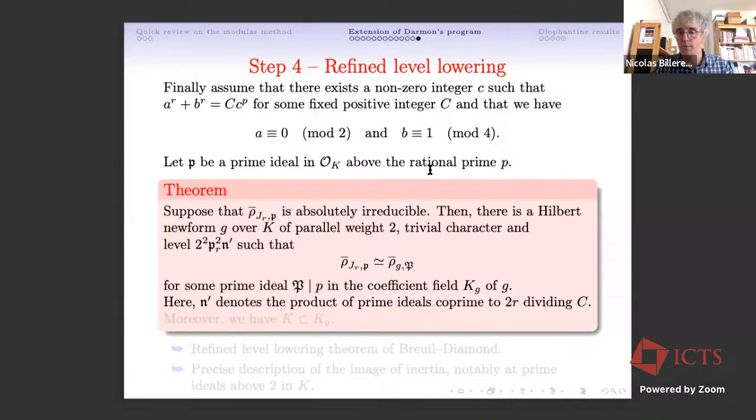So Hilbert newforms are just a generalization of classical newforms when we work over a totally real field. Remember that K is the maximal totally real subfield of the R-th cyclotomic field.